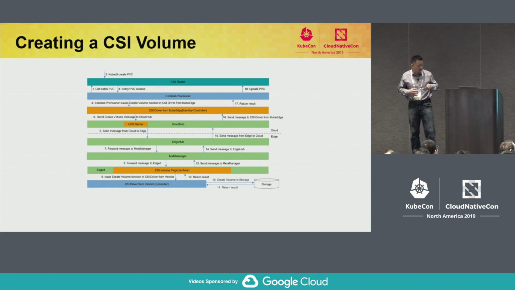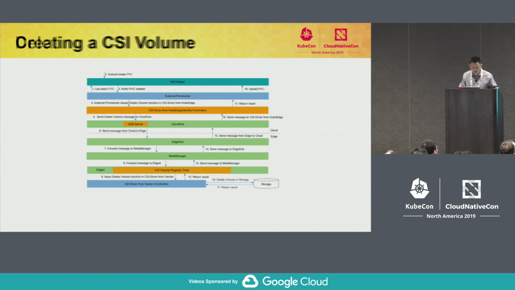There, it goes down to EdgeD, which is the compute provisioning module, where it calls the Kubernetes built-in volume plugin, and then calls the local third-party driver to actually provision this storage. And it goes all the way back up to step 16 or 17, which finishes the full synchronous loop. Similarly, a delete happens roughly the same way.